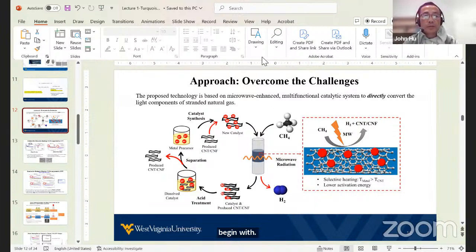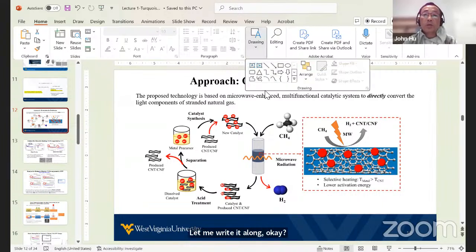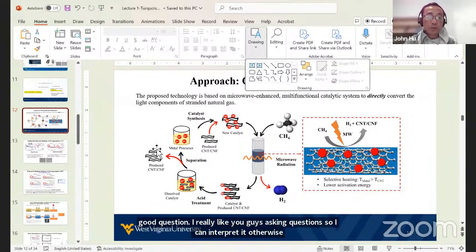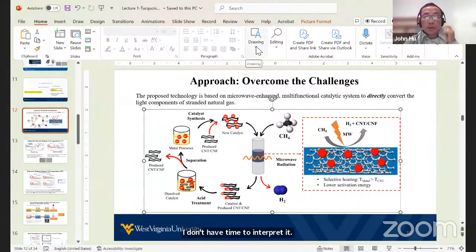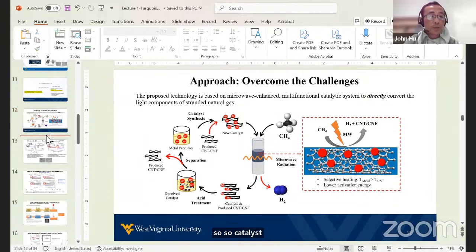Okay. Very good question. I really like you guys asking questions so I can interpret it. Otherwise, I don't have time to interpret it. So the catalyst. Okay, so let me have a new page.